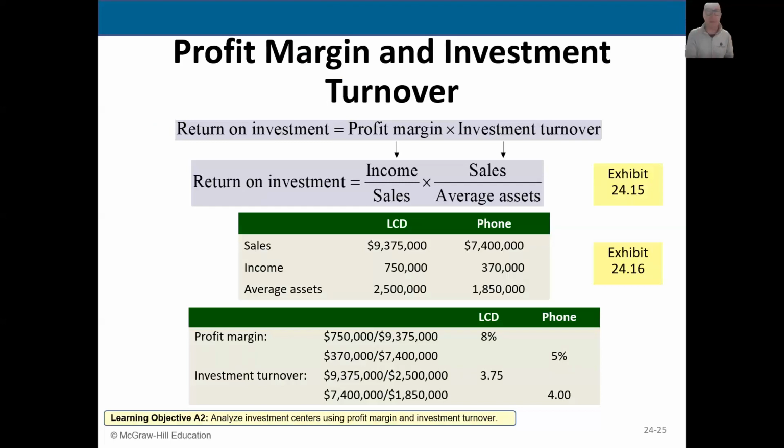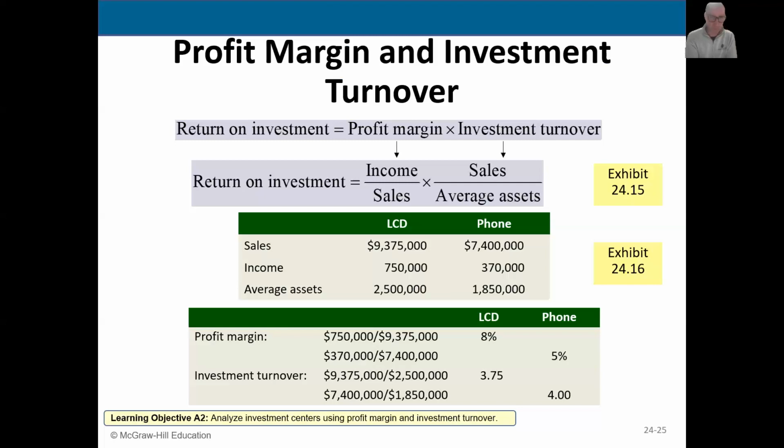Return on investment is calculated by taking the profit margin times the investment turnover. Complex. These are actually two separate formulas that we're multiplying together. You break it down by saying return on investment is income divided by sales times sales divided by average assets.